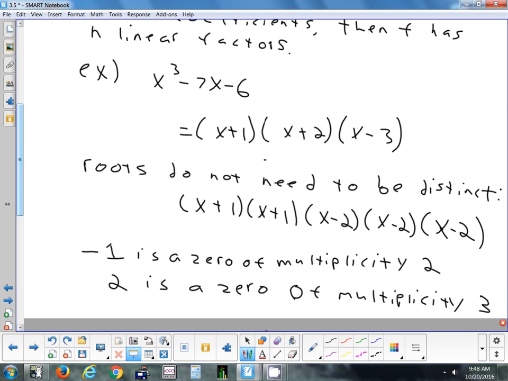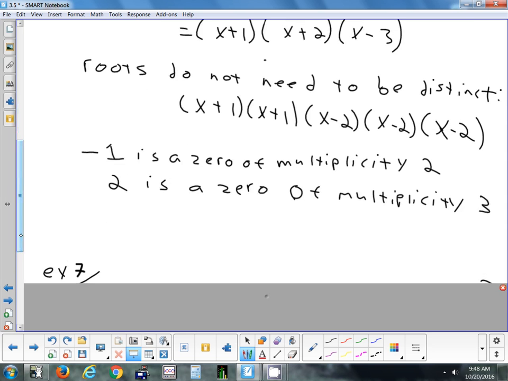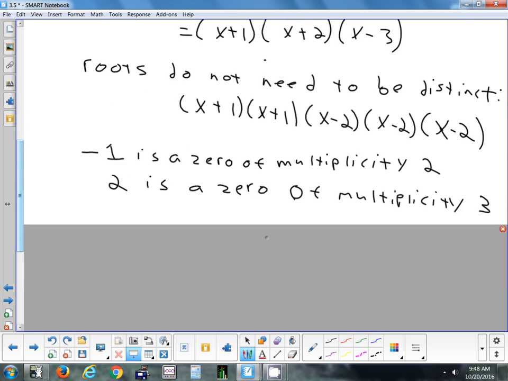So we'd say 2 is a root of that polynomial with multiplicity 3. Okay? It occurs 3 times. Right, so any question on the terminology there for a repeating root?